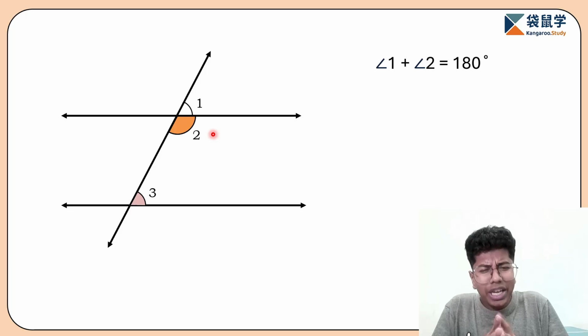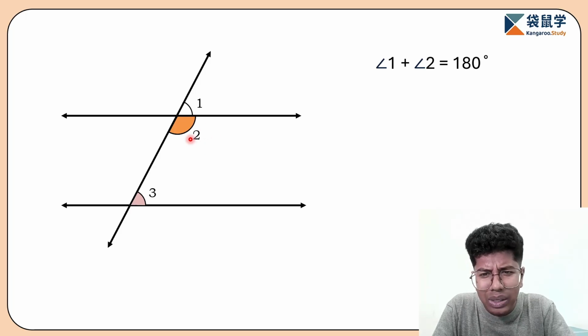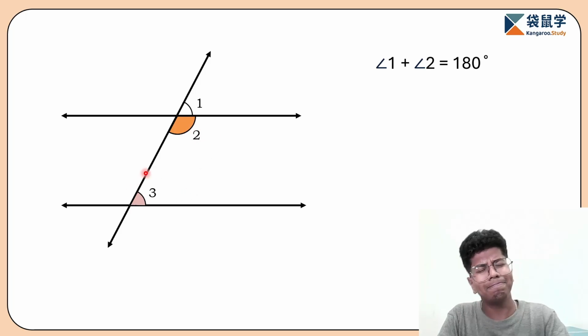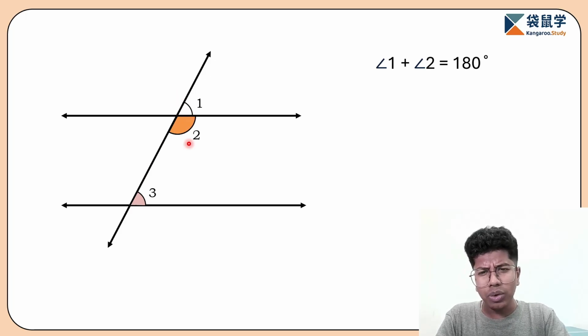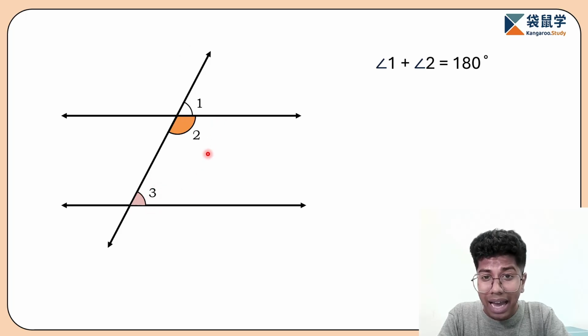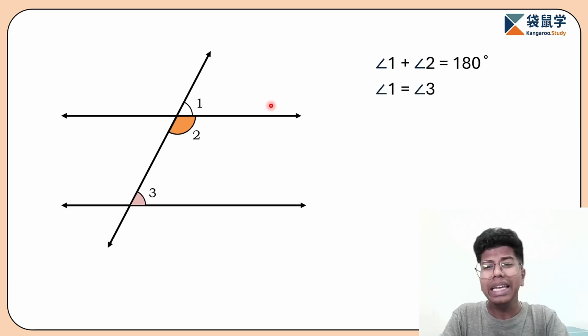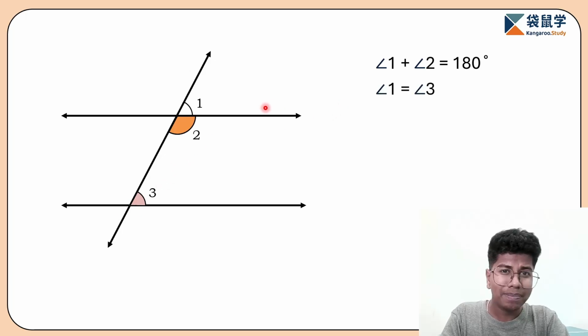But we need to find the relation between angle 2 and angle 3. If these are parallel lines and the same line is going through, what can I say about angle 1 and angle 3? If parallel lines are present and a line cuts them, angle 1 is equal to angle 3.